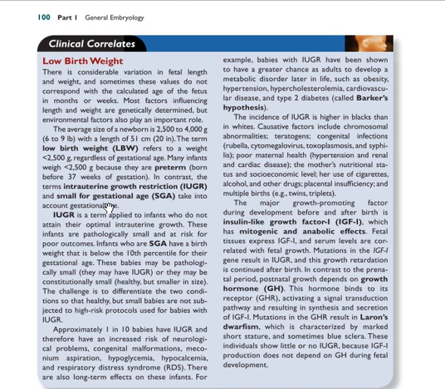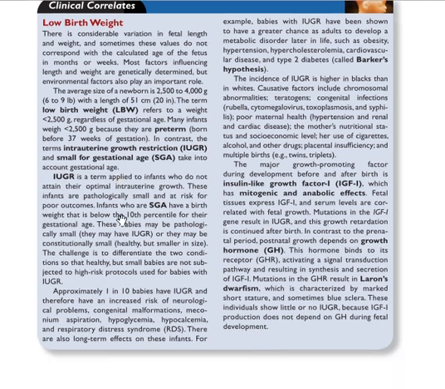So when you have a birth weight of less than the 10th percentile, that is 10%, of babies having the same gestational age, you are said to be small for gestational age. Is it clear?